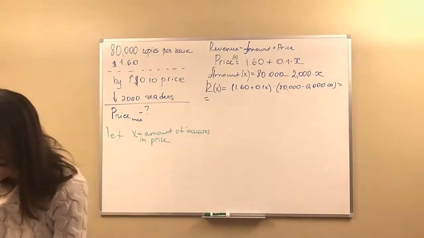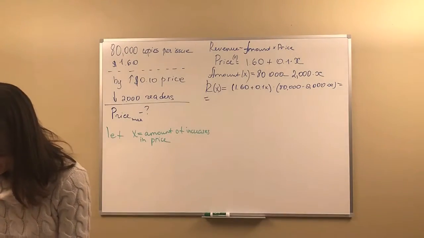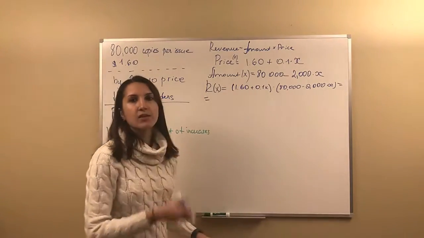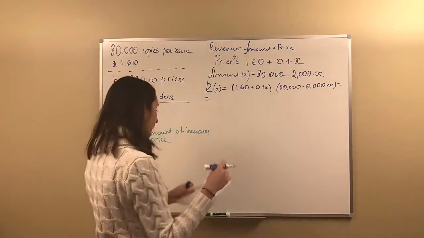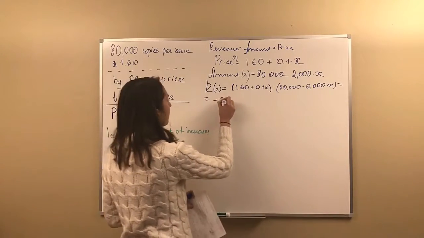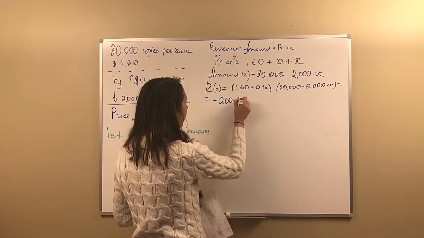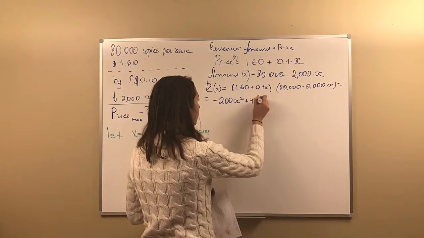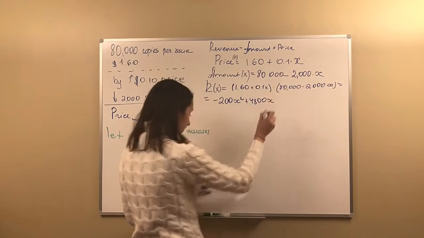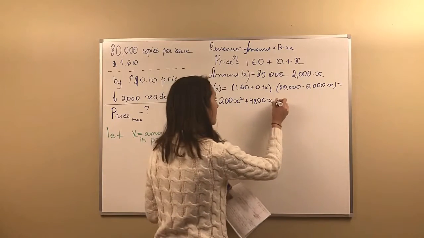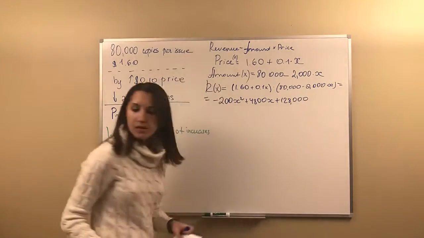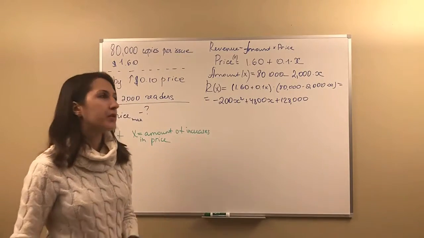I already did; I don't want to do that over again. You open up parentheses, use the distributive property, combine like terms, and you're supposed to get minus 200x squared plus 4,800x plus 128,000. Okay, so this is our revenue equation.